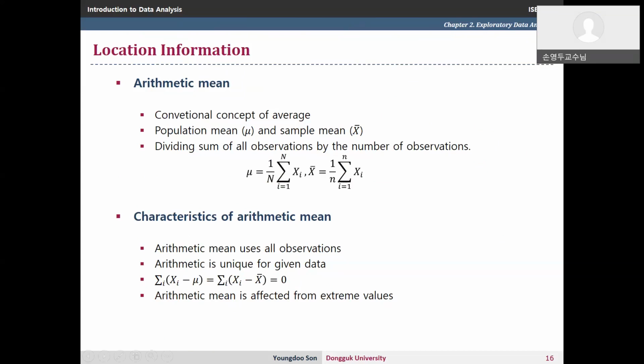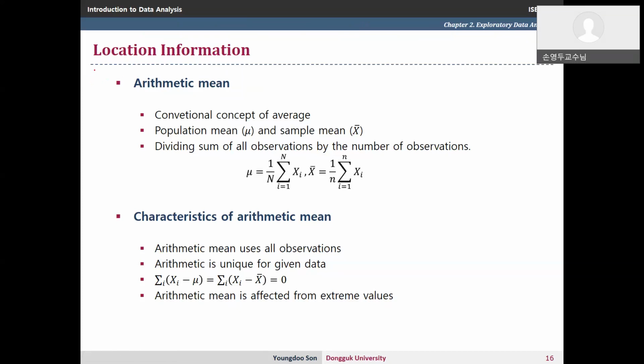And we will start from this page. So we will see several representative values of the data distribution or sample.